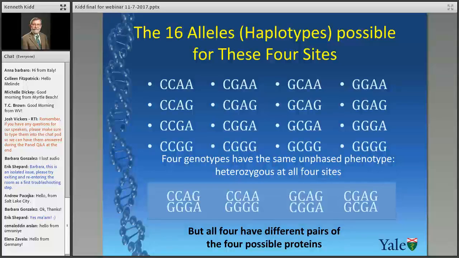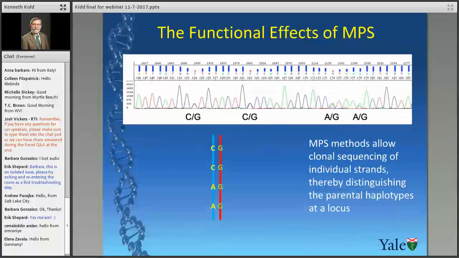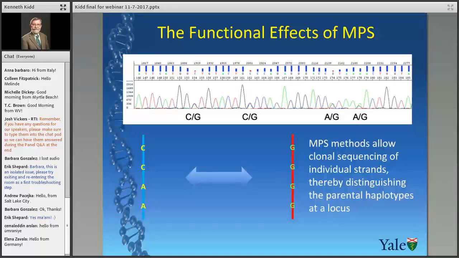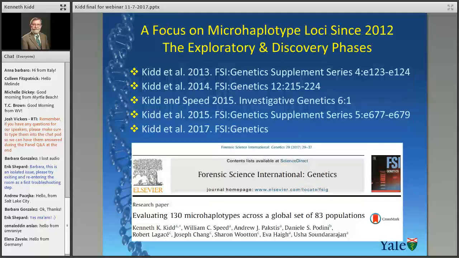However, all 4 have different pairs of the 4 possible proteins that can be synthesized. Hence, these are potentially clinically and certainly very different at the actual protein level. It does make a difference. So massively parallel sequencing allows the 2 chromosomes of an individual to be separated and sequenced independently.